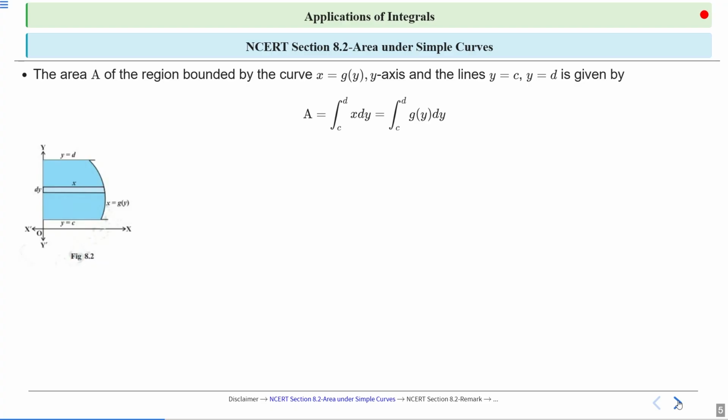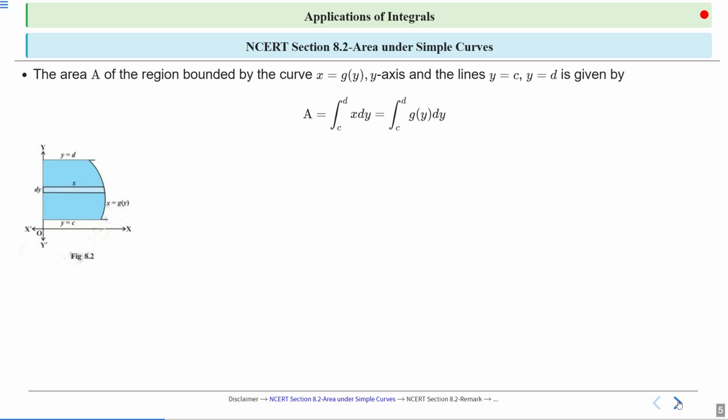So to calculate the area under a curve bounded by the lines x = a, x = b, or y = c, y = d, we can use both ways. We can take the elementary strip parallel to the y-axis, or we can take the elementary strip parallel to the x-axis.